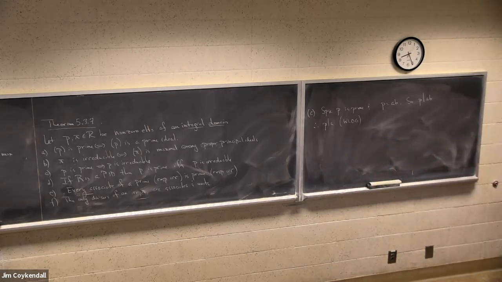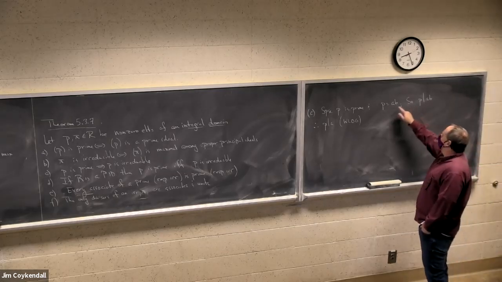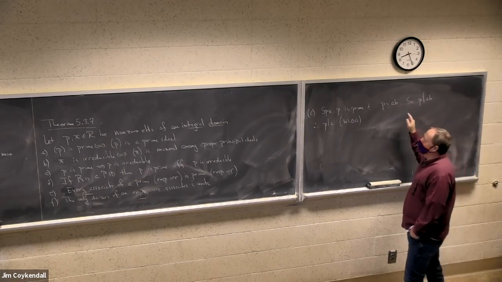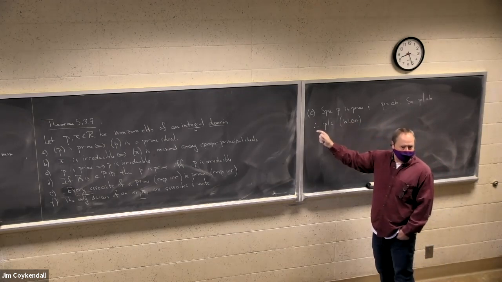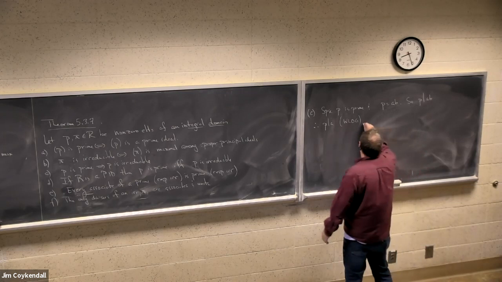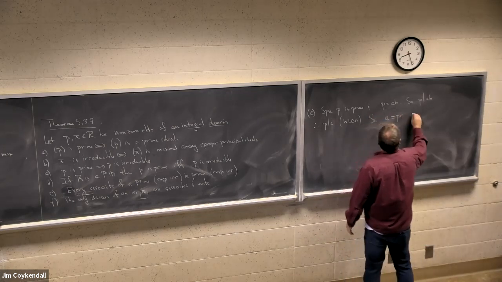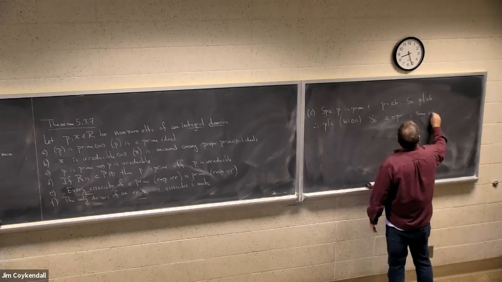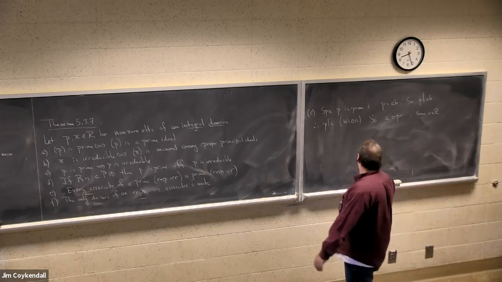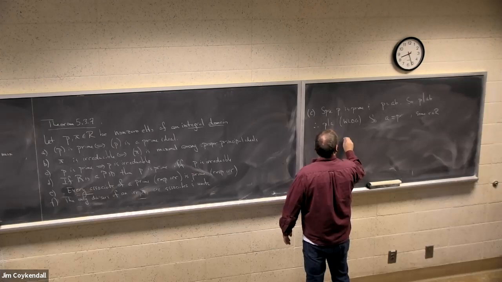Suppose I can factor P into A times B. I need to prove that either A or B is a unit. Well, this certainly means that P divides AB. And therefore, since P is prime, it has to divide one of them. So we'll just pick A. So A is equal to PR. Well, let's go back to the original equation. I get P equals A times B, which is PRB.